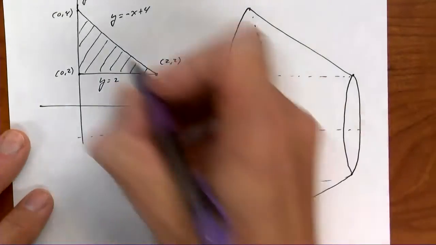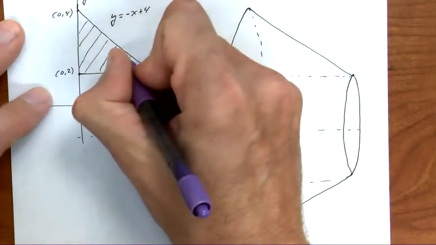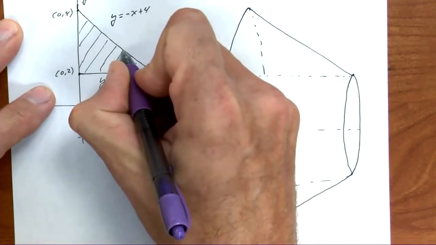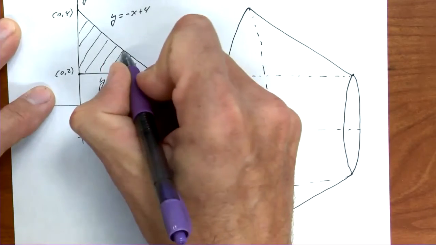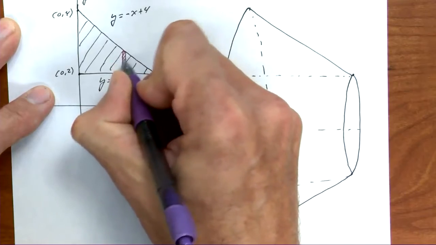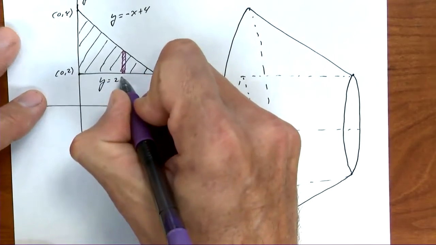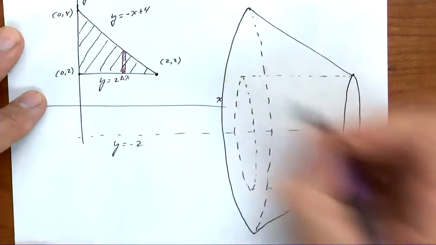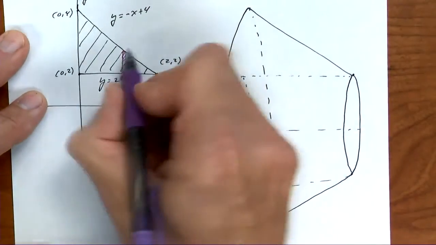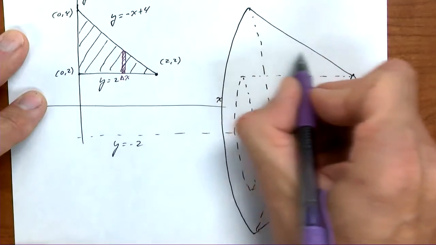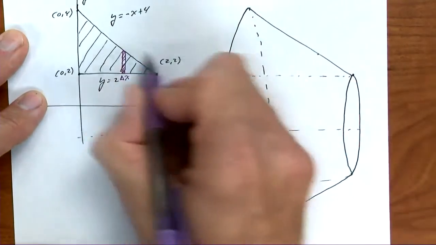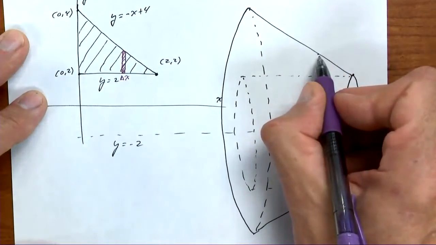So let's try a vertical slice first. I'm going to move this just a little bit off center here just so I can emphasize what that looks like in our oblique view. Well, what's the thickness, delta x or delta y? This one's going to be a delta x. So I bring that over here. Notice that height right there. I'm going to bring that straight over here and use the corresponding height, this corresponding point over here.